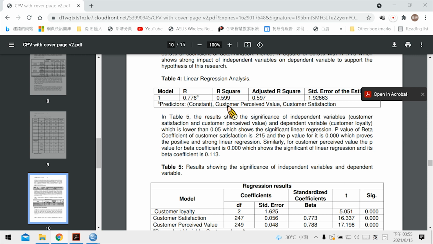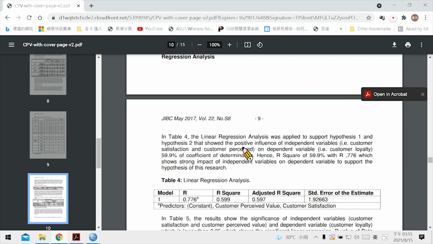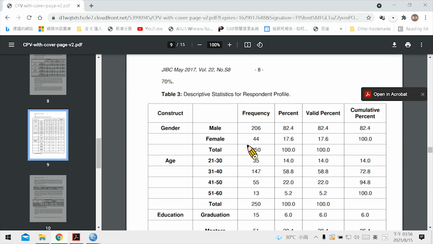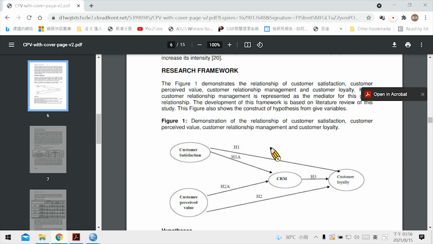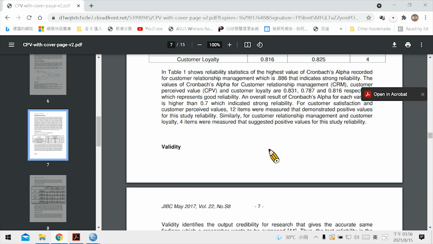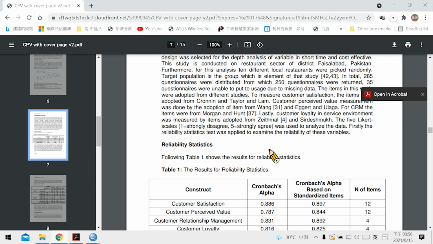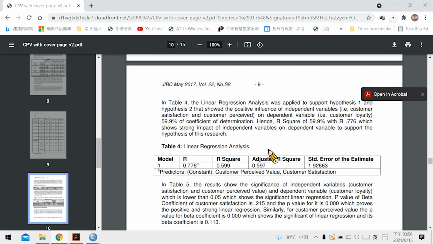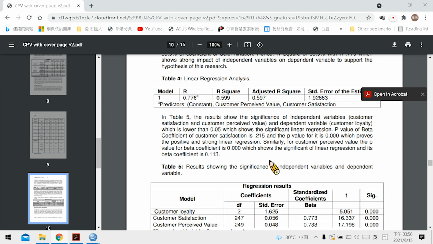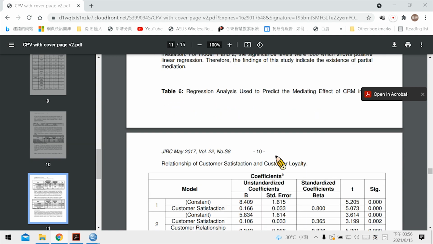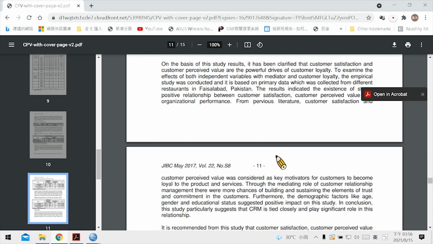You can see customer perceived value and customer certification are the predictors, and the dependent variable is customer loyalty. So this is the multiple regression analysis.